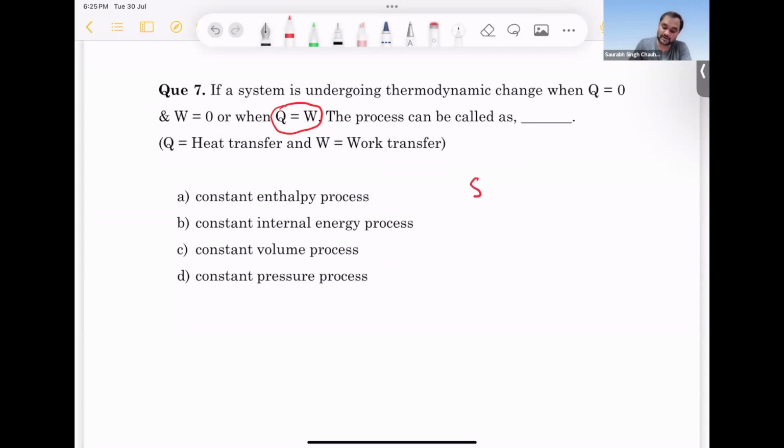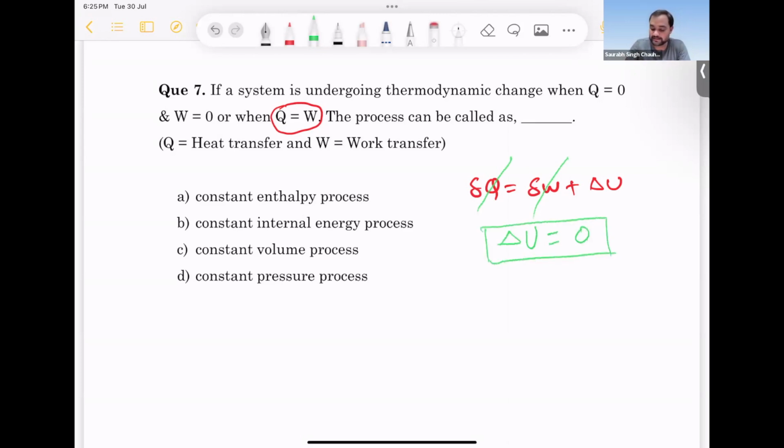Just use the first law of thermodynamics, del Q is equal to del W plus delta U. Since Q and W are equal, both will cancel each other. So we will get delta U is equal to 0. So this is a process where the internal energy of the system is constant. And when internal energy is constant, that means temperature should be constant.